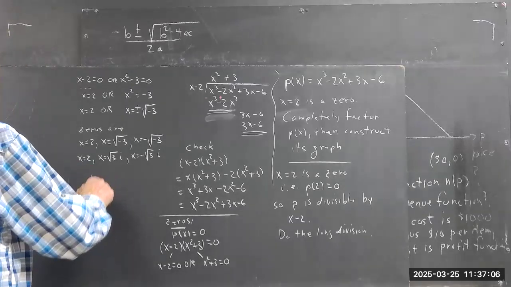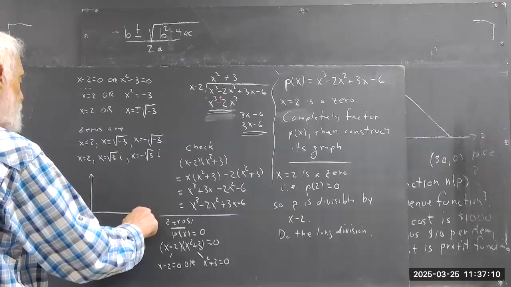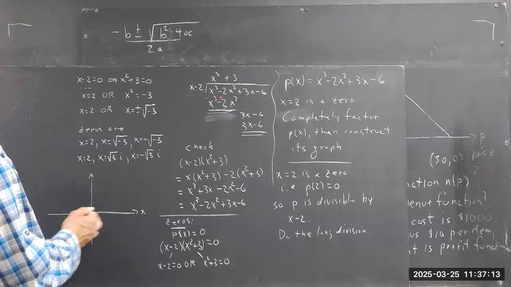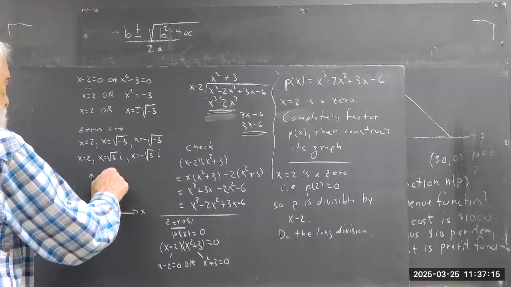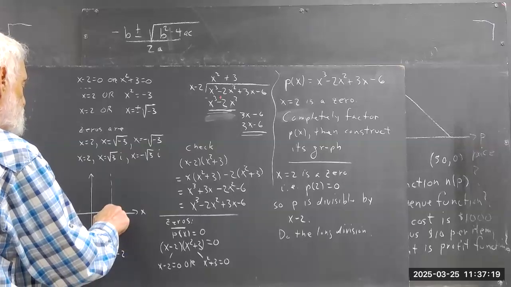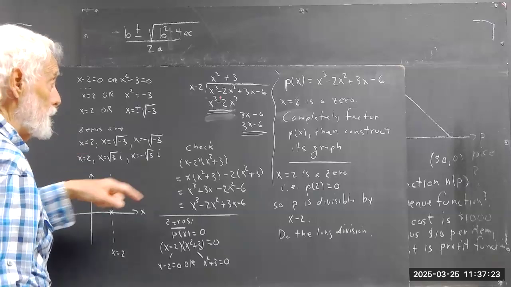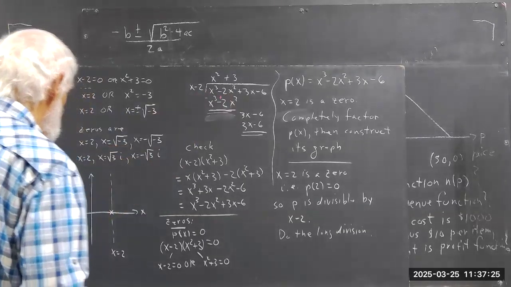So now we know if we're to graph this P of x, the only x-intercept we have is (2, 0). The y-intercept occurs when x equals 0.